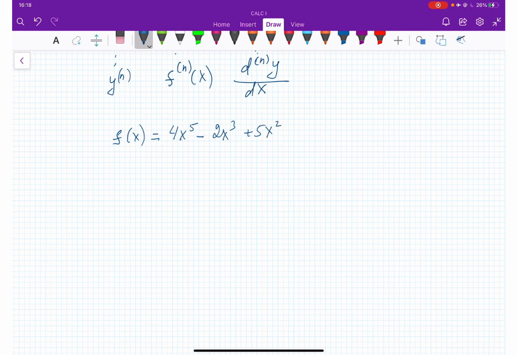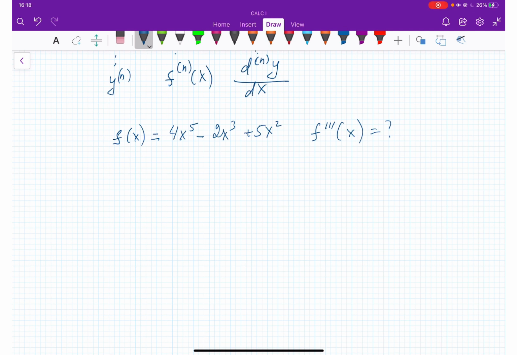We need to find the third derivative. So first I have to find the first derivative, then the second derivative, and only then the third derivative.